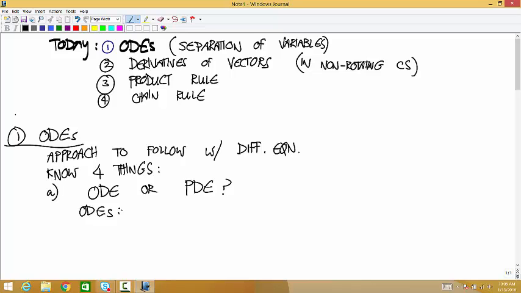Anyone remember? Well, one giveaway is, are there partial derivatives or total derivatives? But the definition is it's an ODE if it only has one independent variable. And if that's the case, all the derivatives you see are total derivatives. They're d's, not squiggly d's.